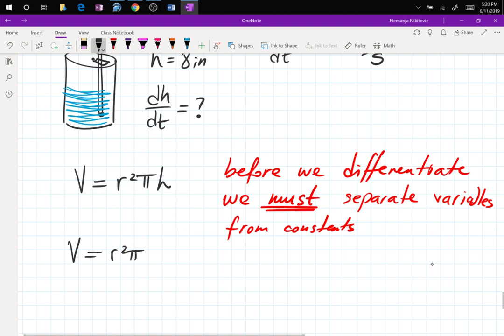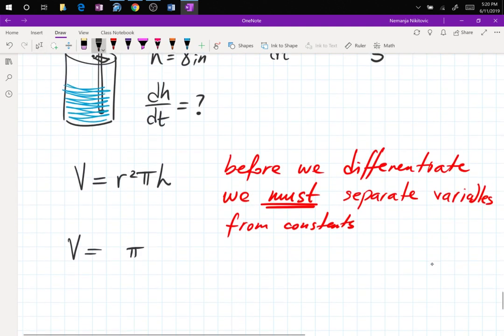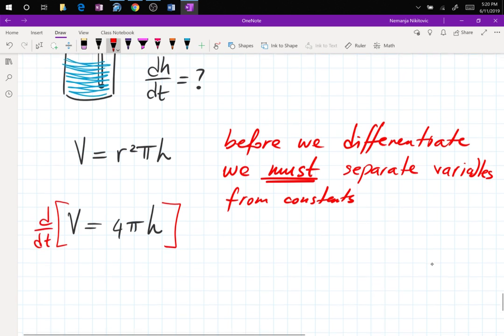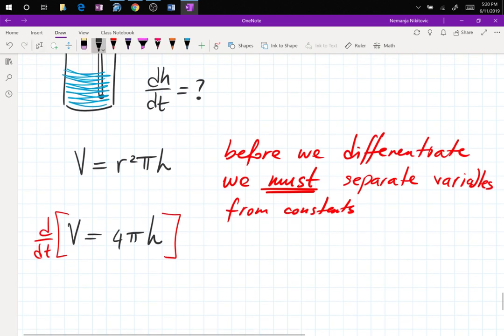R squared pi, we're going to plug in for r squared because that's not going to change. So that's 4 pi h. Whatever is not a variable, you can immediately plug into the problem and do it. So dV/dt is equal to 4 pi dh/dt.